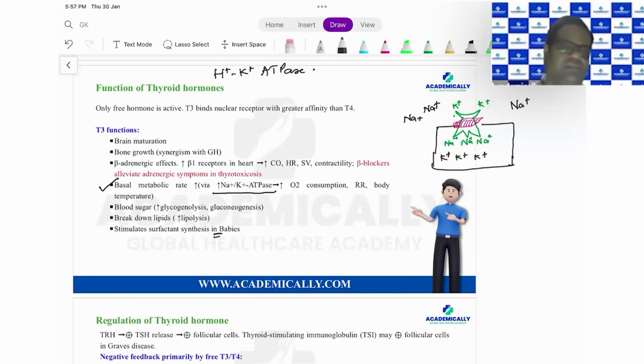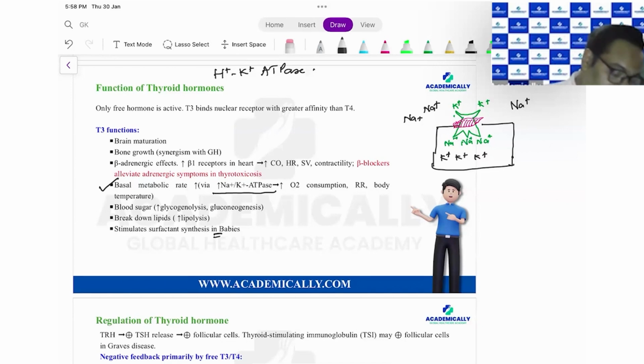Kidney. Okay, yes, you do see it in kidney, but more importantly, in which organ do we use drugs against it? We use drugs to block this hydrogen potassium ATPase pump. In which organ? Yes, that's right.